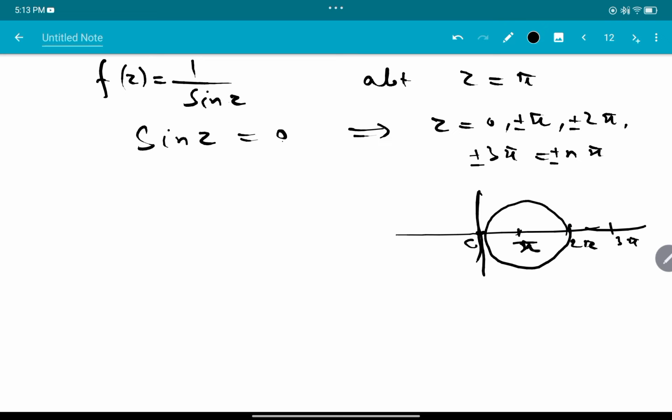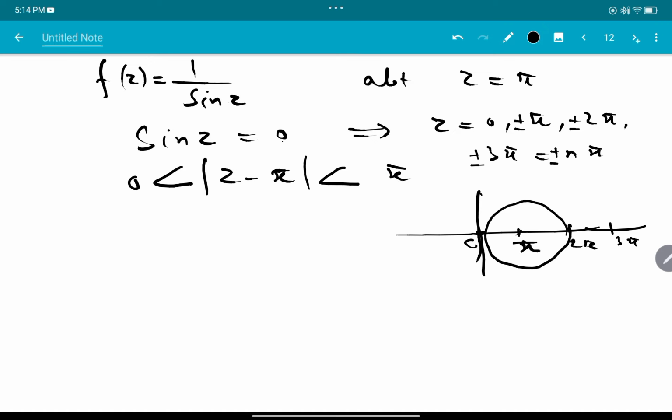The function is squeezed between two singularities, so I will use the Laurent expansion about z equal to pi in this annulus, where the region of convergence is greater than 0 and less than pi.